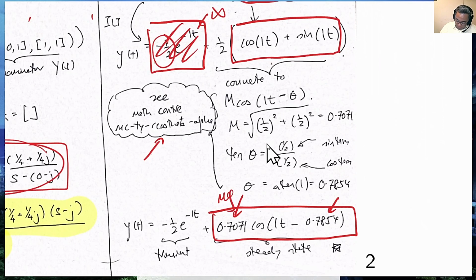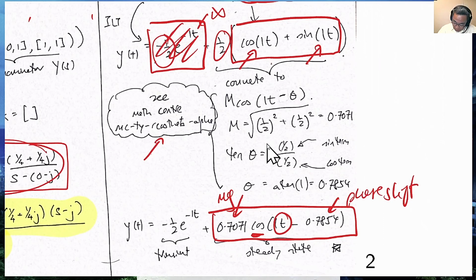So this is the magnitude and this is the phase shift, and you see this is your cosine at 1t. So a sum of cosine and sine with some magnitude will result in still a cosine of 1t, but with a different magnitude and a different phase.